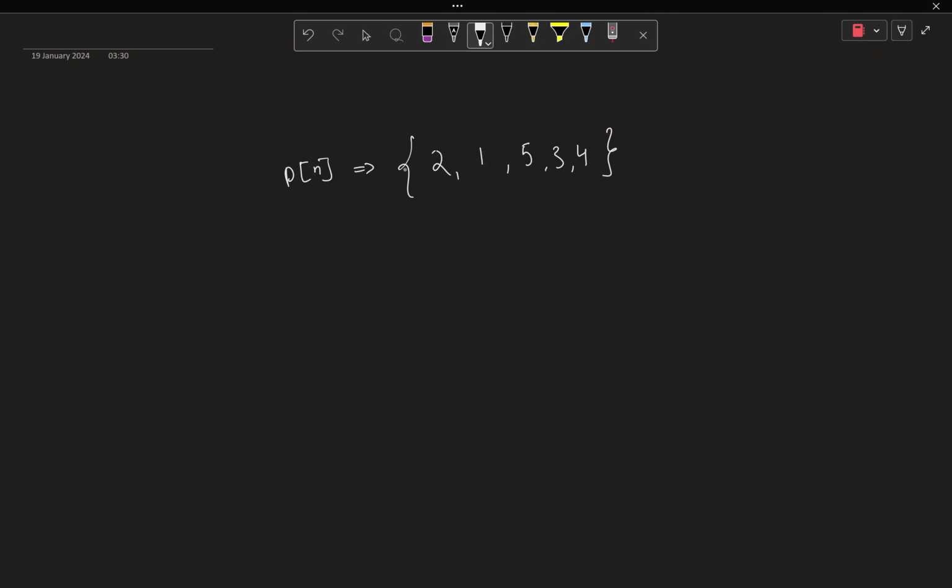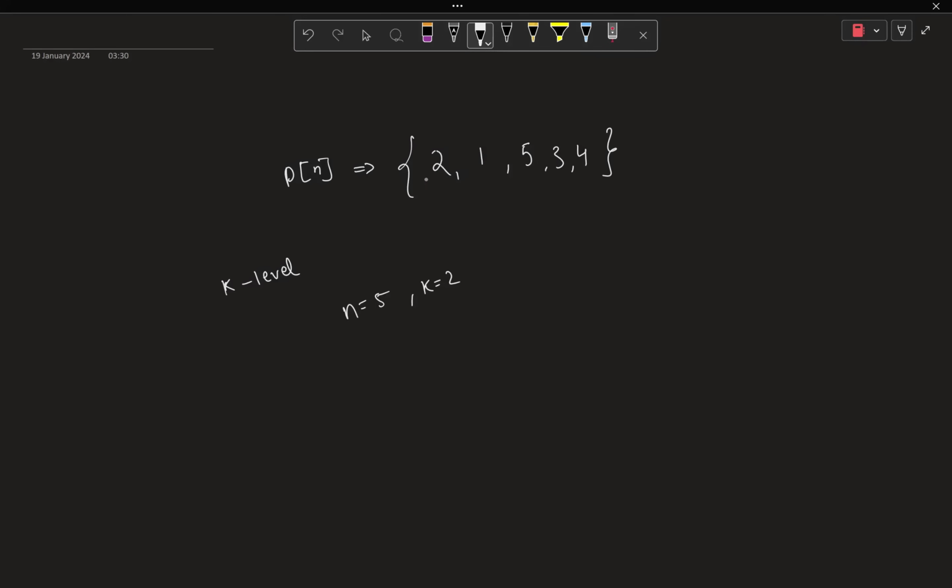And we say a permutation to be k level if you find out the sum of all the subsegments of length k. So let me say here n is equal to 5 and k is equal to 2.